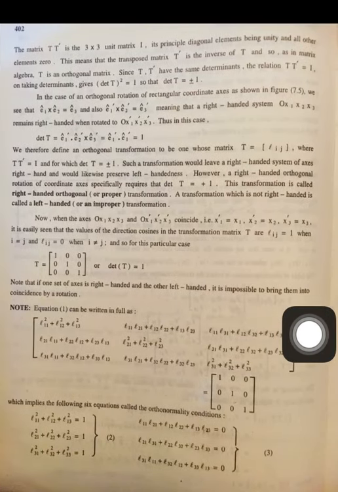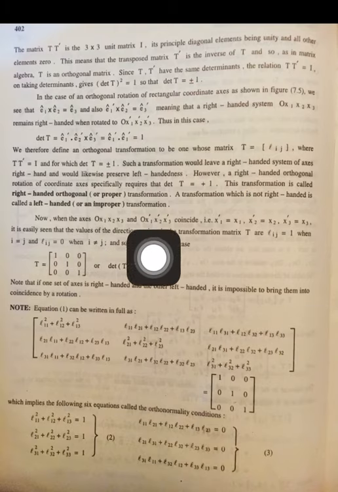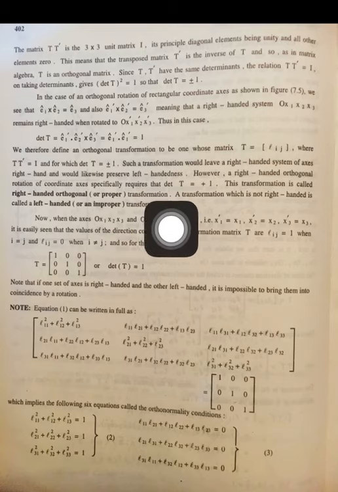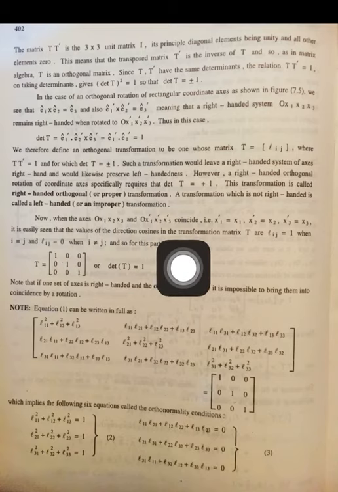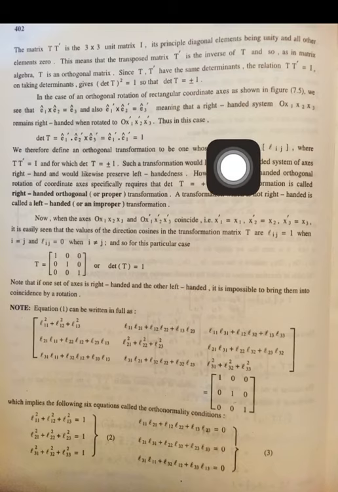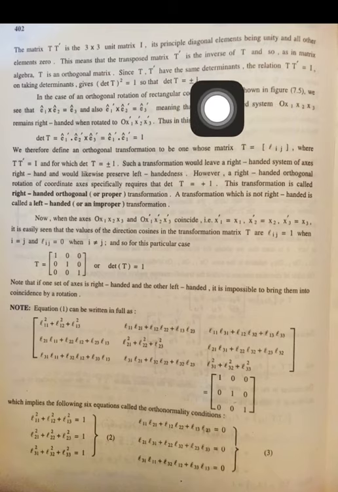Next is the concept of right-handed orthogonal transformation and left-handed orthogonal transformation. Basically, if I take the determinant of the matrix T and T dash, it is equal to plus or minus 1.